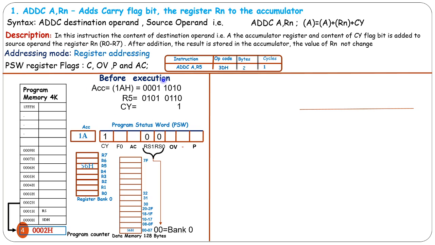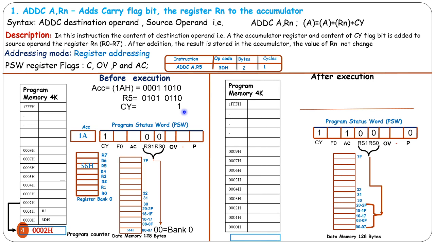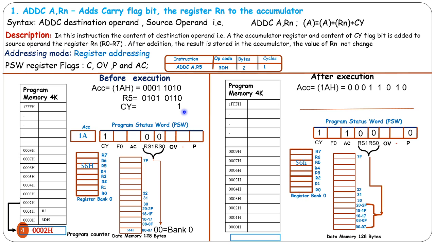Before execution, the CPU has accumulator 1A, the R5 register having 56, and the carry flag set. After execution, the program counter and other things remain as they are, but the content of accumulator changes.